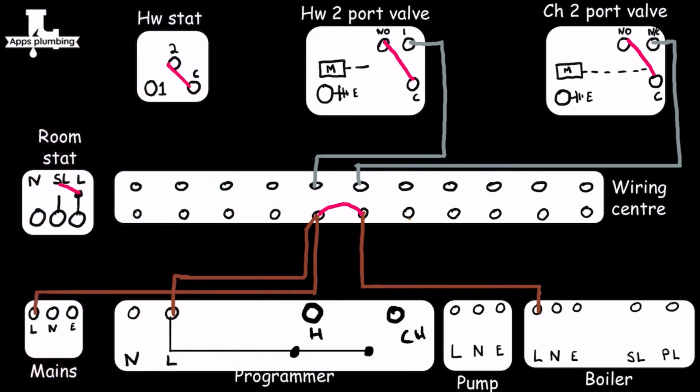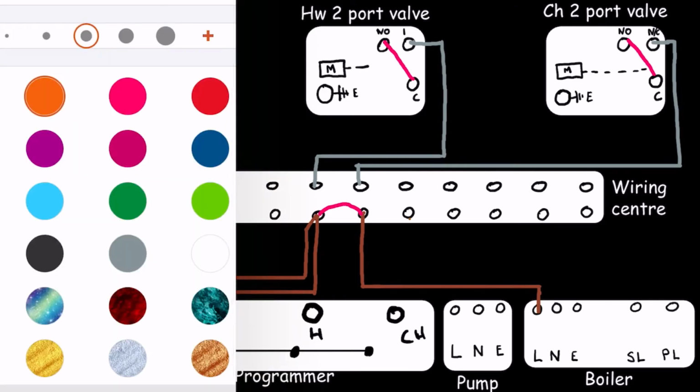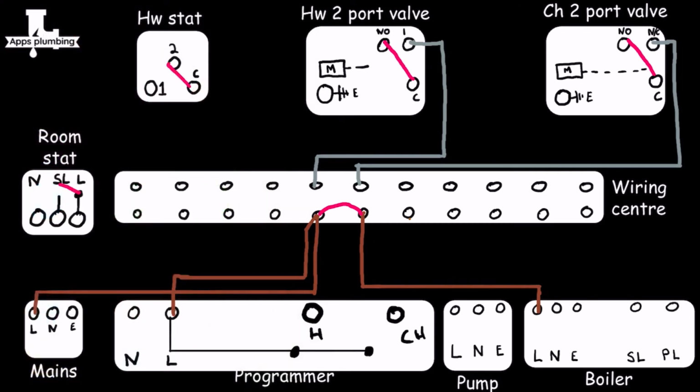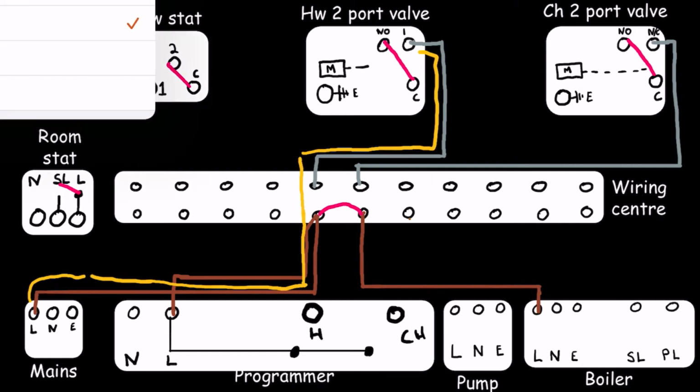Okay, so let's just go through what we currently have. Our electric goes from our live into our wiring center, through our wiring center, and then into our valve. Okay, as you can see that. Right, so let's get rid of that.